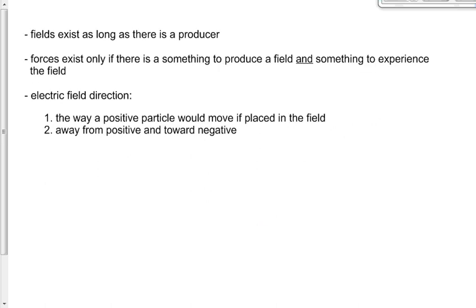The difference between a force and a field, right? You need a producer to have a field. We need a producer and an experiencer to have a force. In order to have a push or a pull, which is a force, you need something to be pushed or pulled. Let's say Aiden is our producer here. He's pushing like this. That's there, right? He's pushing no matter what. But go ahead and push, Aiden. Just start pushing.